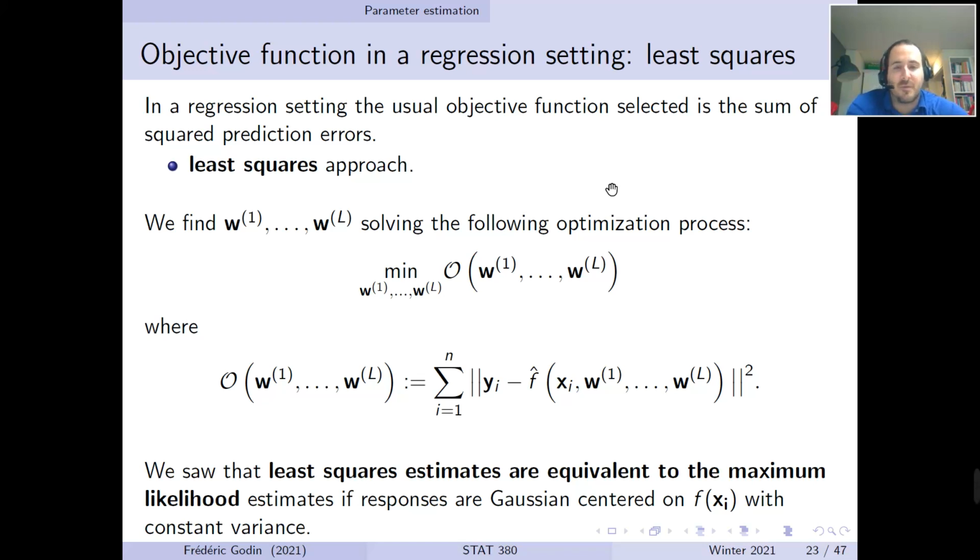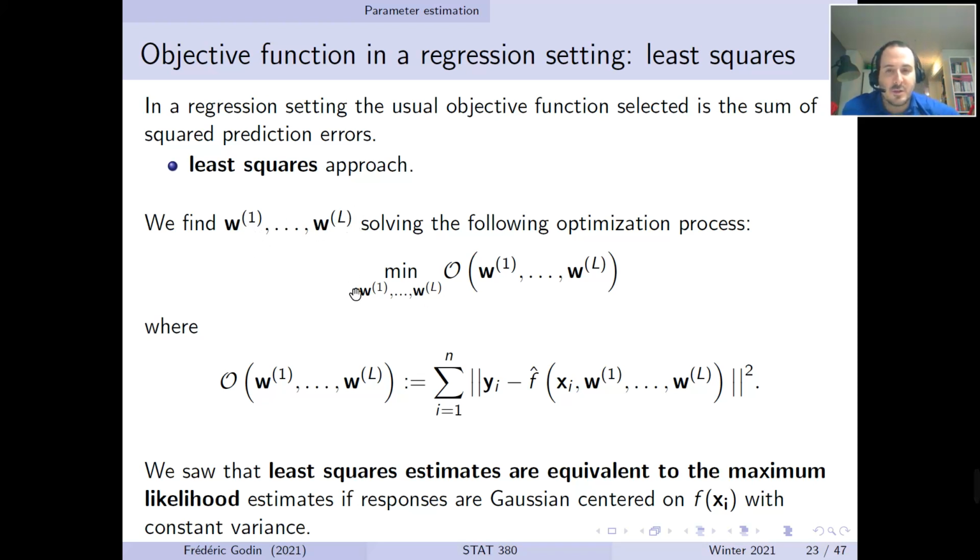So in that case, if we consider least squares, the problem that we're trying to solve consists in finding a set of parameters, the parameter matrices W1 until Wn, which are respectively the parameters for each layer of the neural network.